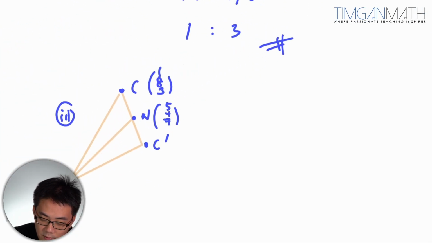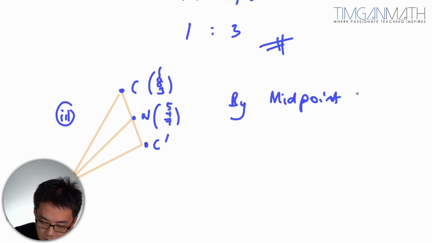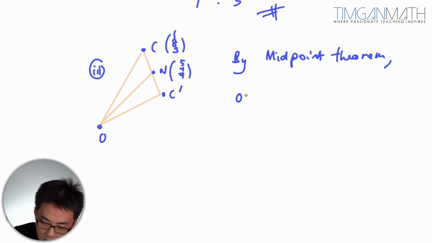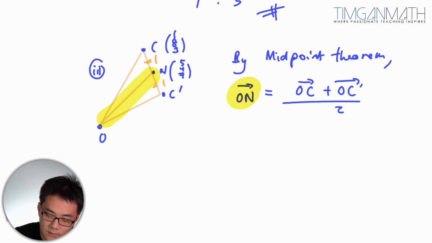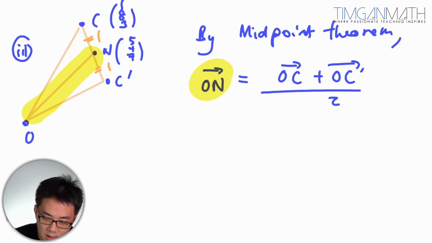I need to find OC prime, so by the midpoint theorem, ON is equal to OC plus OC prime divided by 2. So remember that ON is the midpoint. Then you just take OC and cross multiply the ratio 1 and 1. That's about it.